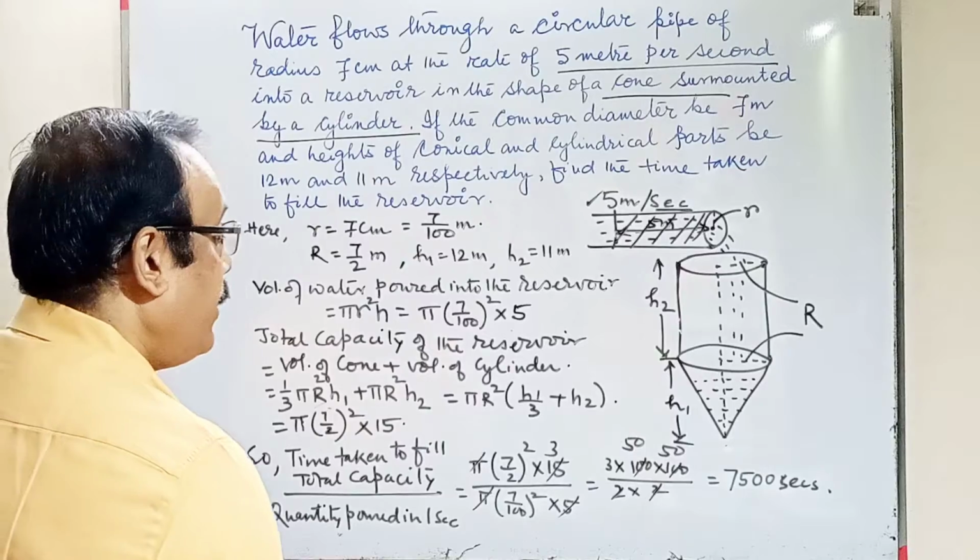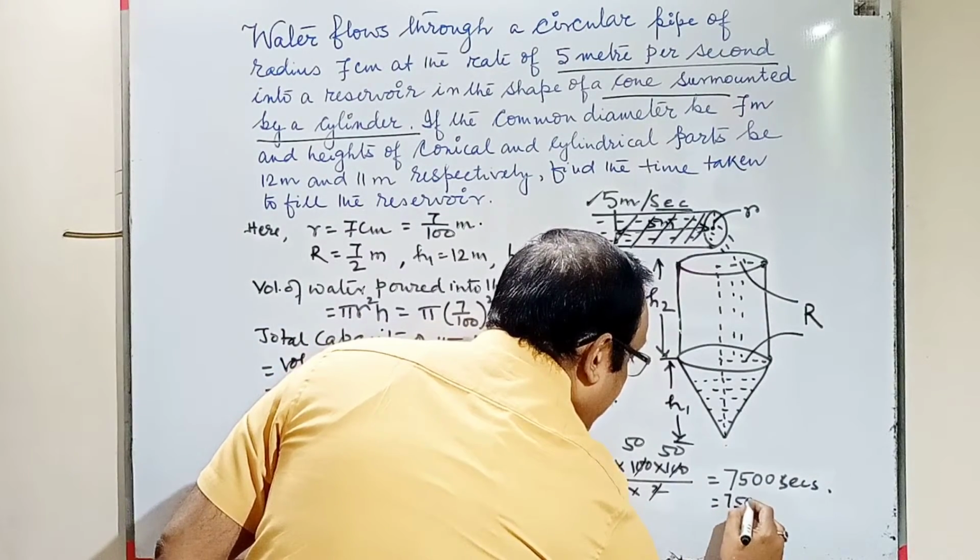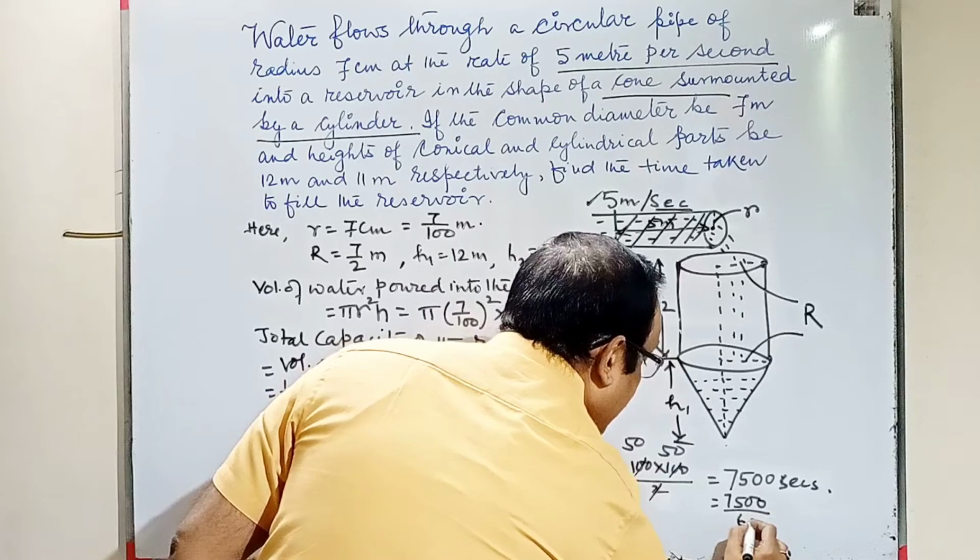If we want to convert it into minutes, this will be 7500 divided by 60.